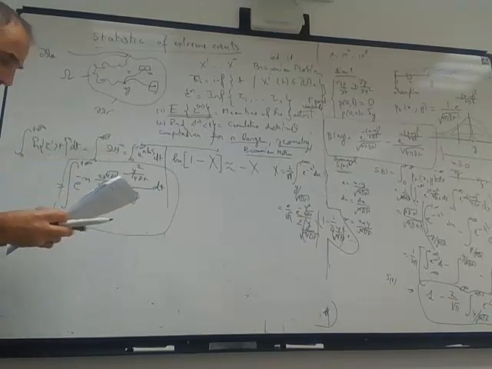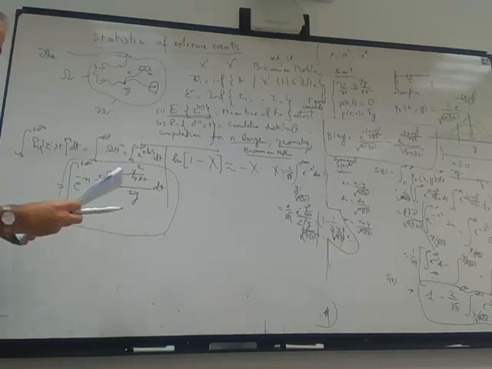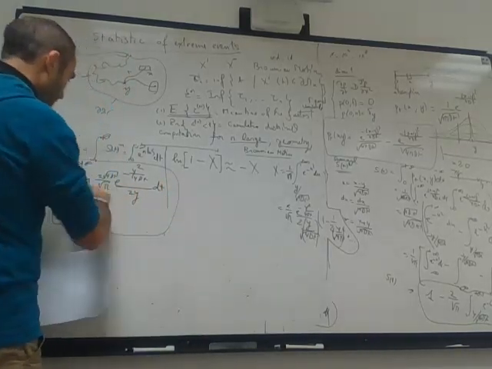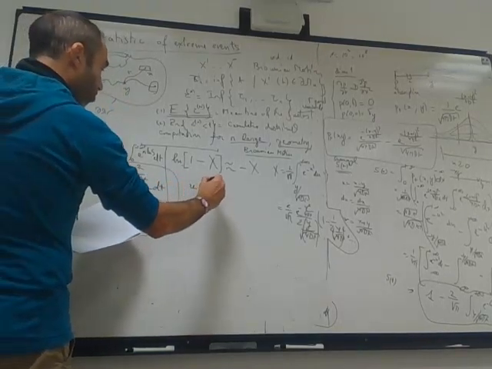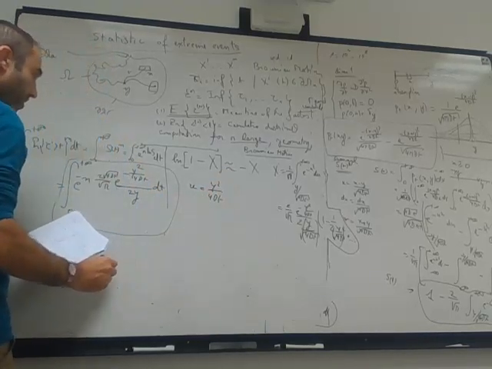So at this point, I will let you do the calculation. I will guide you for this. You have to change variable in this integral and choose u equals y squared divided by 4dt.